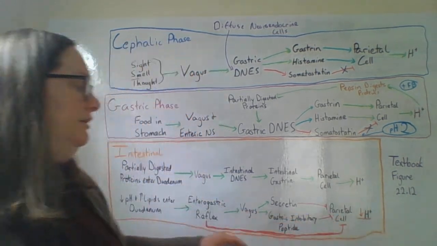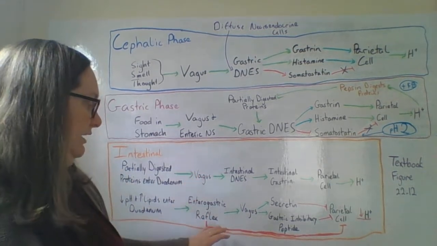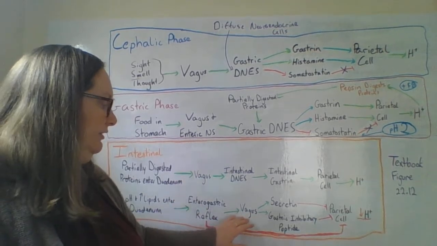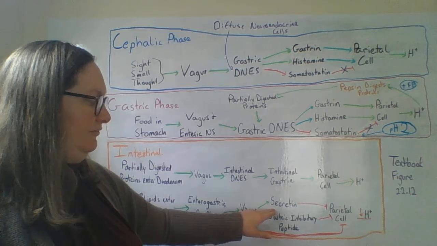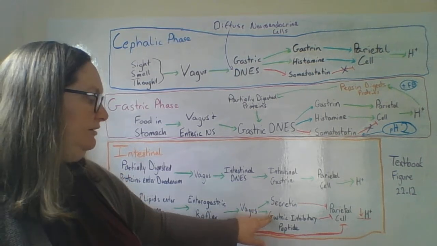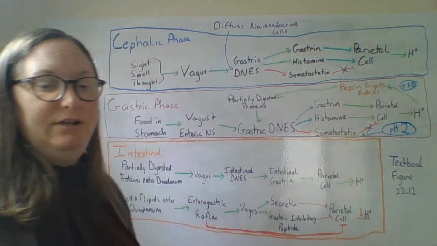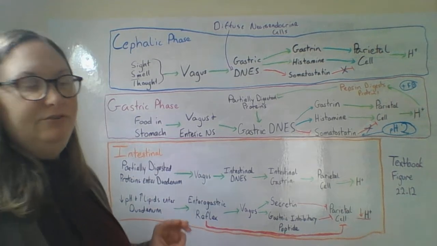This is the duodenum saying, whoa, wait a second, enough, enough. Enough being hydrogen ions. And it stimulates the vagus, which in this case, look at that, secretin and gastric inhibitory peptide are going to inhibit parietal cell activity.